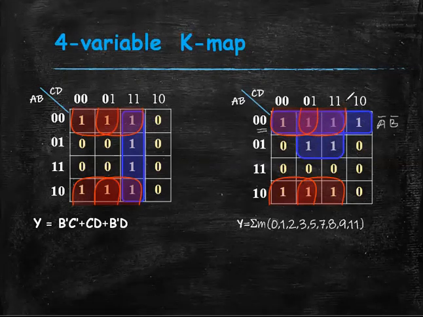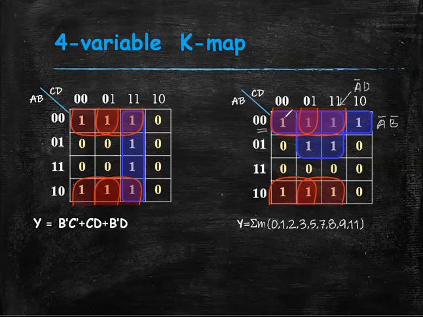For the blue square, D remains unchanged when we move horizontally. When we move downward, A bar is constant. Then the term must be equal to A bar D.